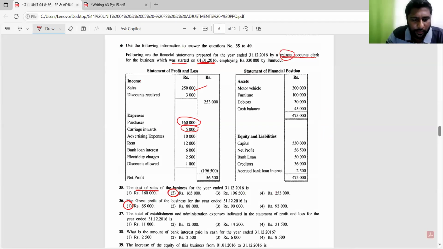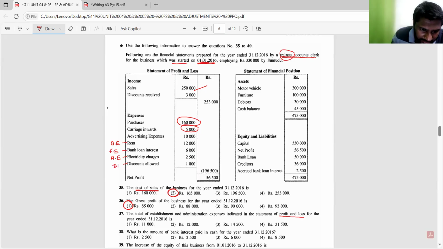Okay. What are they asking next? The total of establishment and administration expenses indicated in the statement of profit or loss. So let's see. This is admin expense. This is finance expense.